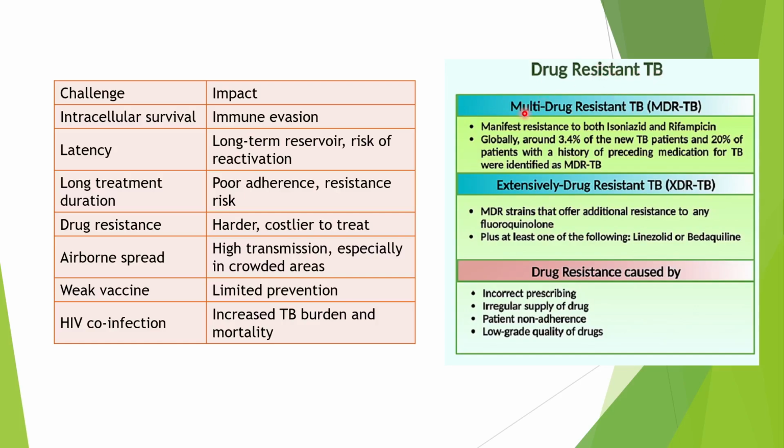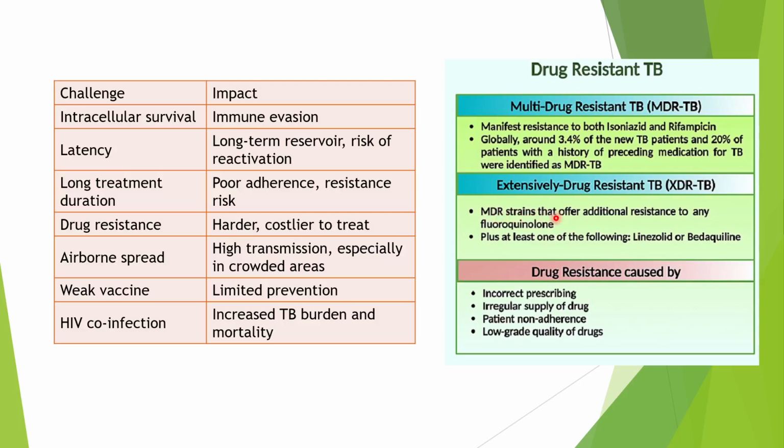So drug resistant TB, the multi-drug resistant TB manifests resistance to both isoniazid and rifampicin. Globally, around 3.4% of the new TB patients and 20% of the patients with a history of preceding medication for TB were identified as multi-drug resistant TB. And then we also have extensively drug resistant TB, that is the XDR TB.